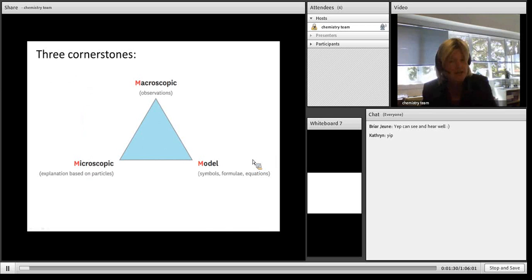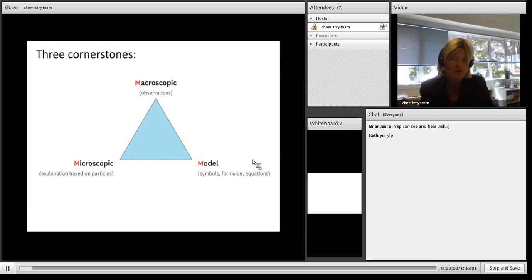Just before we get on to that chemistry, you'll find with level 3 it's really important to do these 3 aspects of chemistry, especially when you do a research standard. So whenever you're attempting any task or answering any question, always look at these 3 bits: the macroscopic, so your observations. We'll be looking at a reaction just now, and you need to look at color changes. What was the original color? What did it turn into?